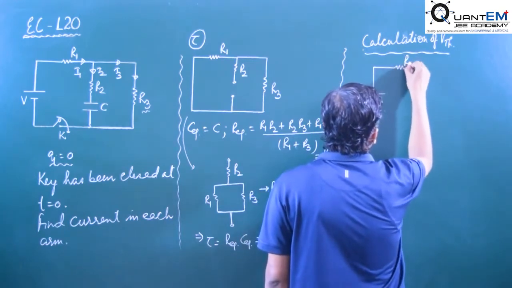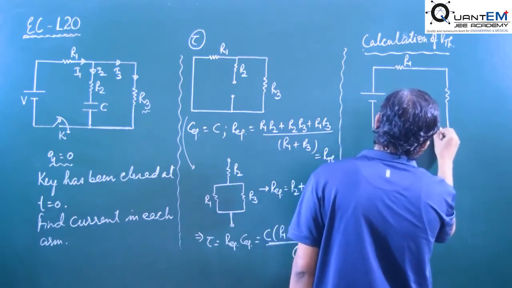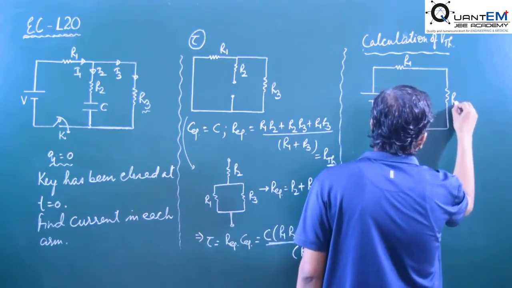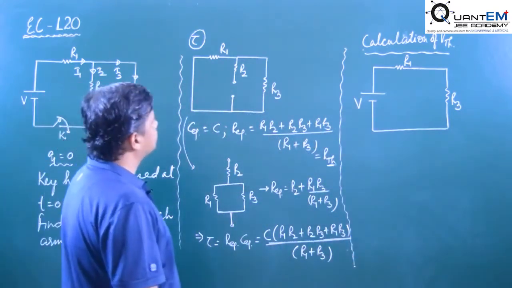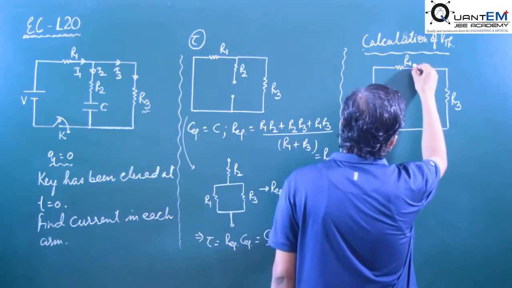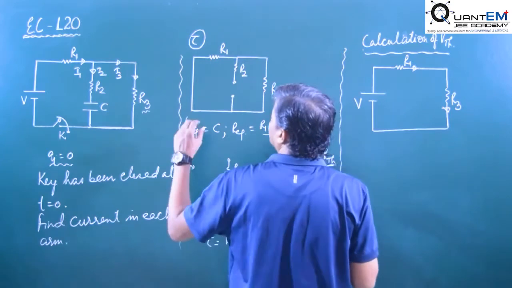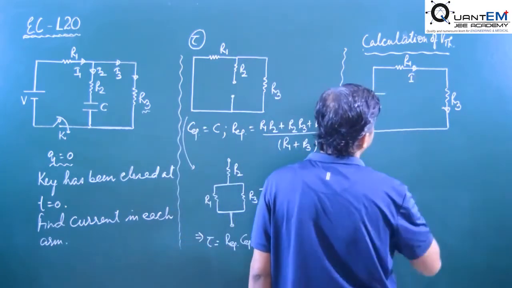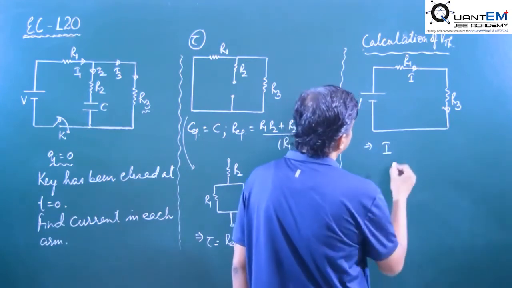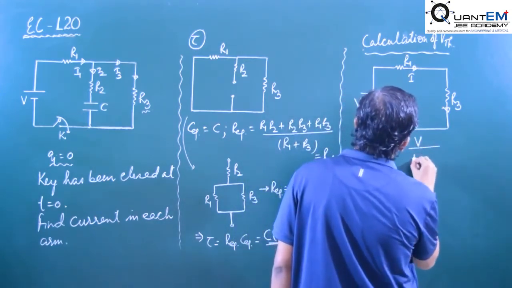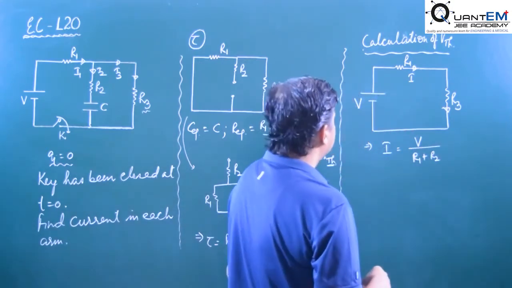In steady state, the capacitor arm is taken out of the circuit because no current flows through the capacitor arm. This resistance we have R3, supplied voltage we have V. So now current flowing through the circuit is I. The value of I is equal to V by R1 plus R2.